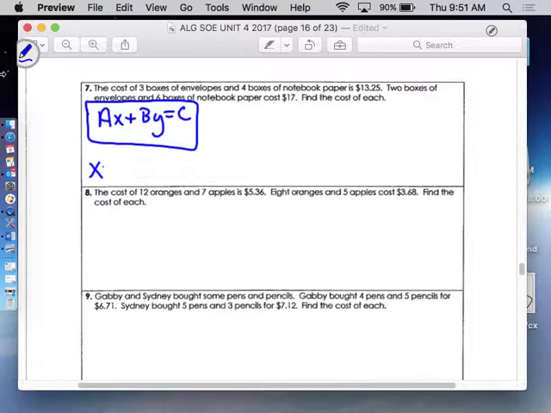And if I let x be the envelope, I'll let y be the notebook. I have 3 boxes of envelopes, so that's 3x, and implies addition, 4 boxes of notebooks, and the cost is $13.25. So that is the first sentence translated to algebra.